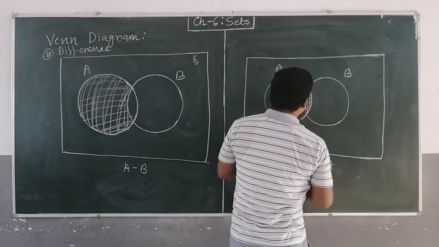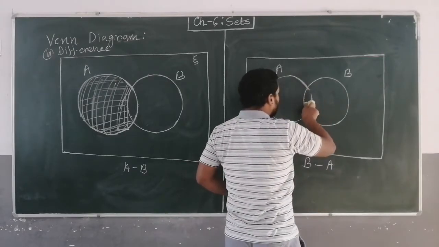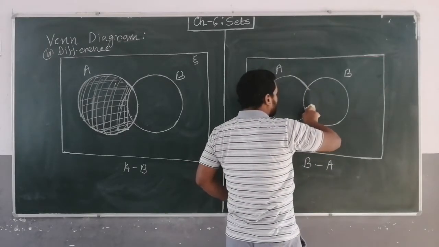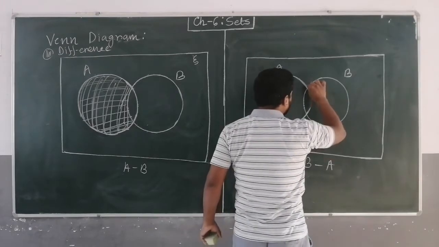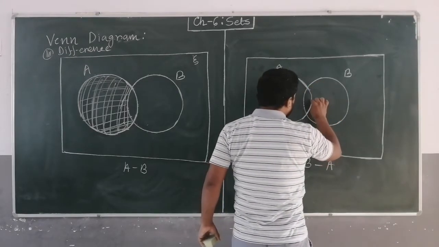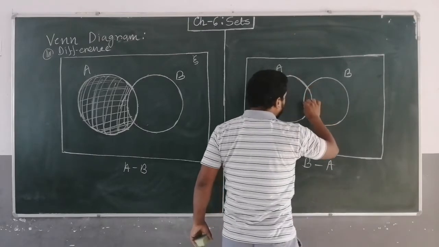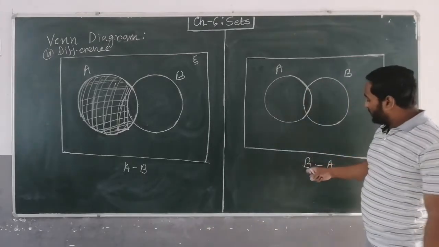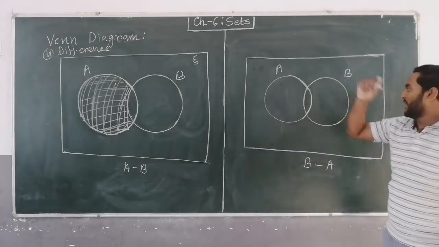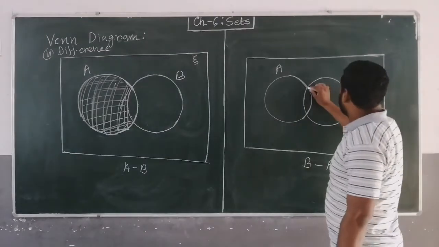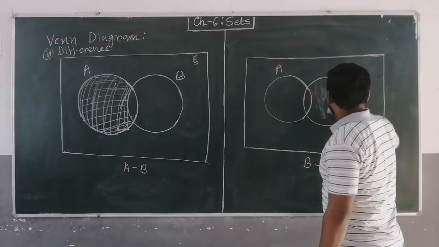B minus A. In set builder form we can say that B minus A is the set where the element belongs to B only, not to A. So here B minus A will be this part.